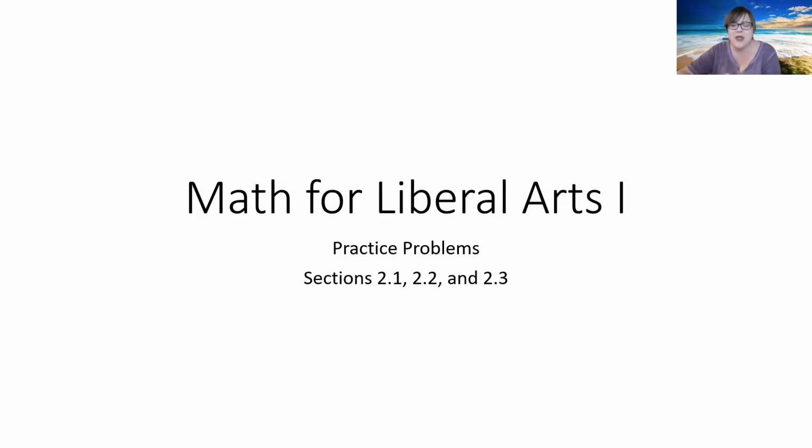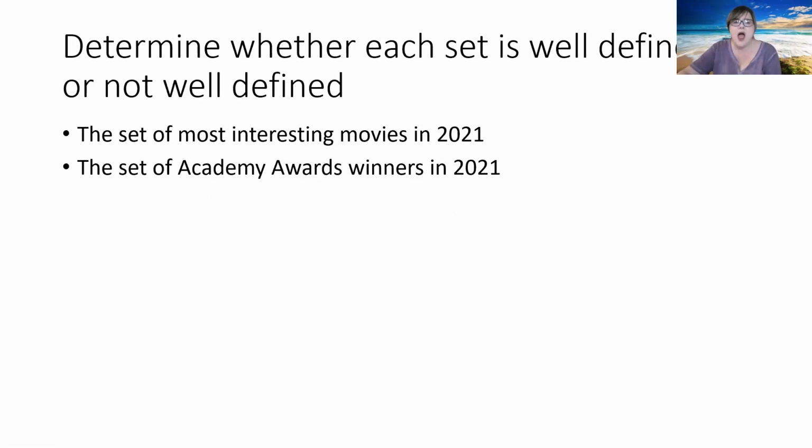But for now, let's talk about some of the problems in sections 2.1 through 2.3. So first of all, what does it mean for a set to be well-defined? A well-defined set means I can determine without question what is a member of the set. So for example, if I look at the set of most interesting movies in 2021, what I think is an interesting movie might be very different from what you think is an interesting movie. So my set of interesting movies might vary from your set.